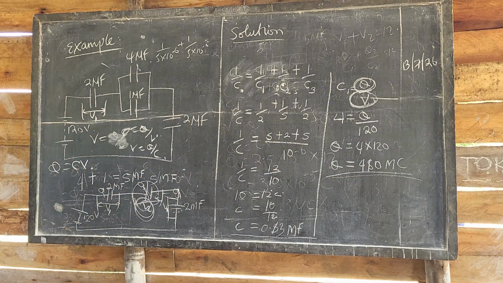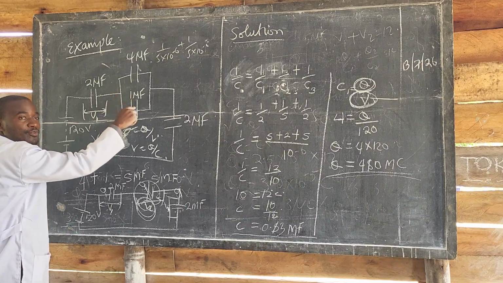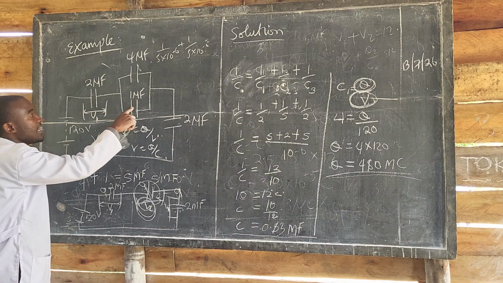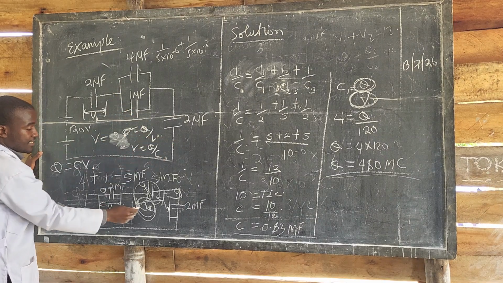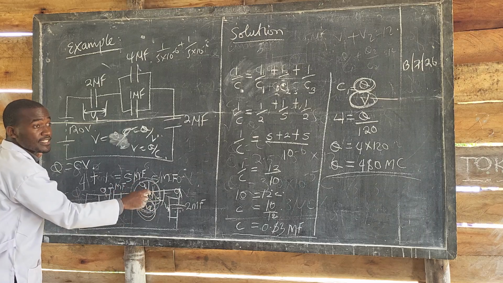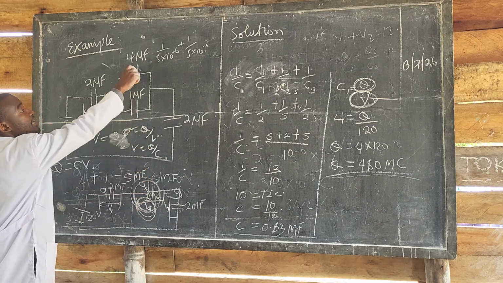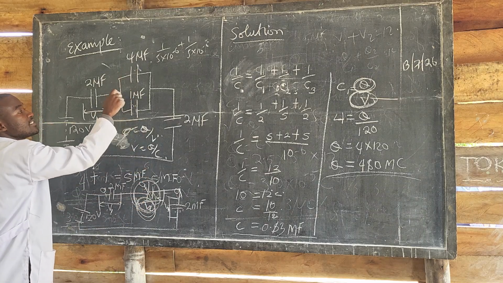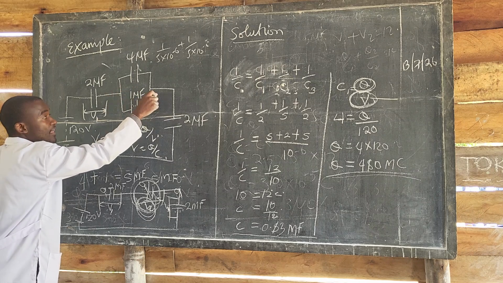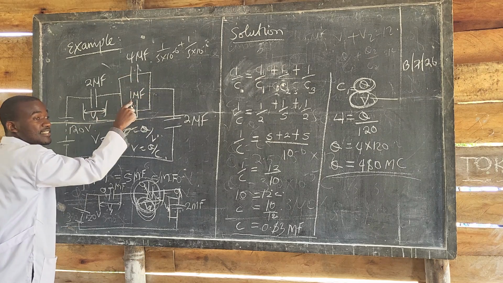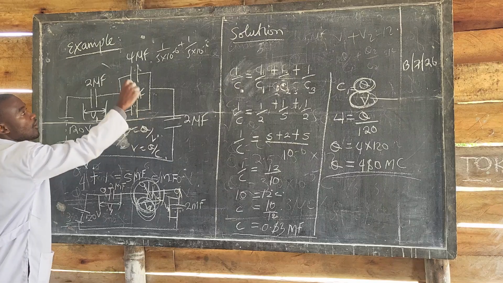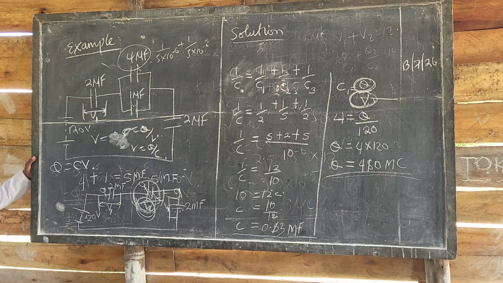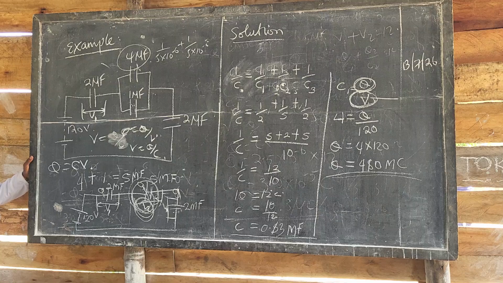When you get that V, remember these two are in parallel, right? So they have a V which you got as V2. Now, you need the charge because the V is the same. You have the capacitances, so you can find the charge on the 4 microfarad capacitor. Are we together, guys, here?